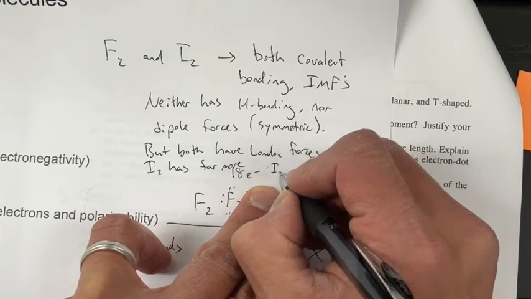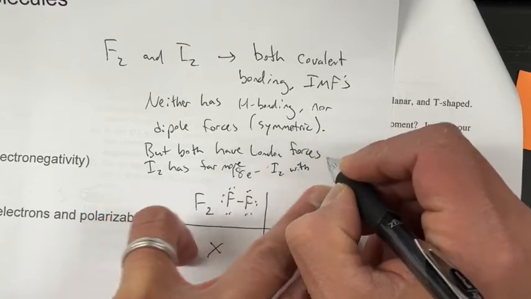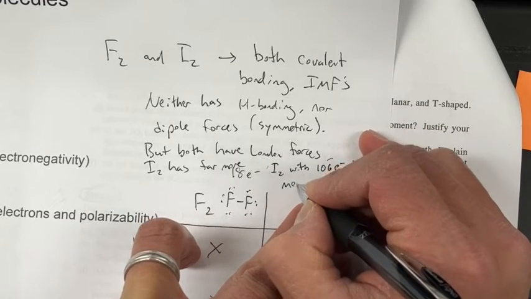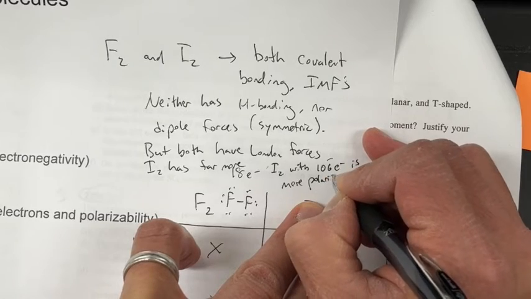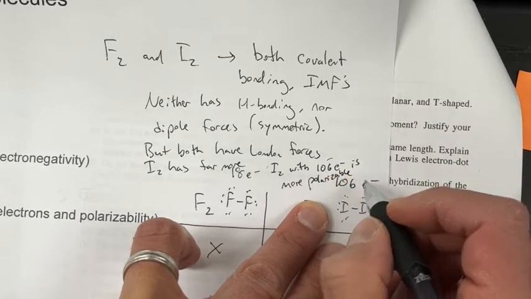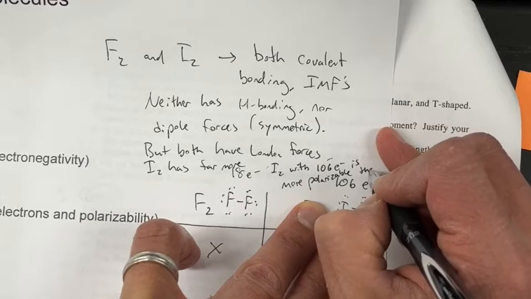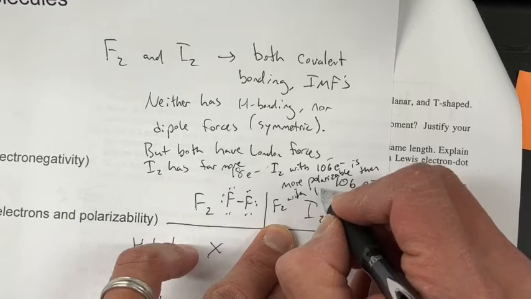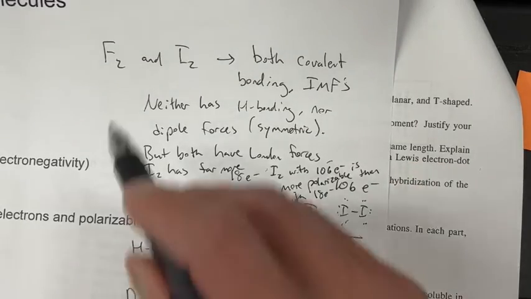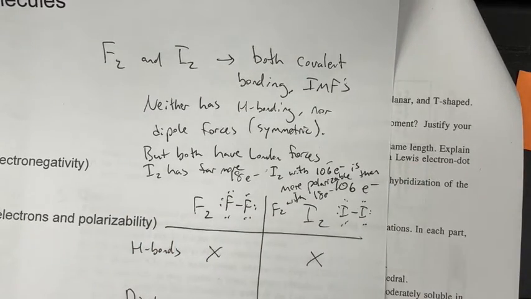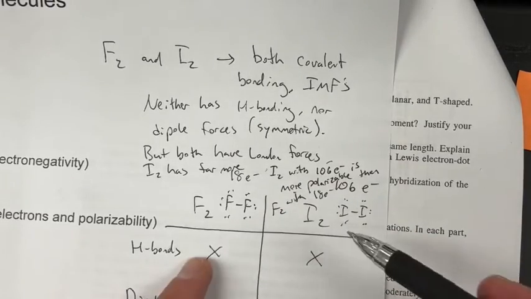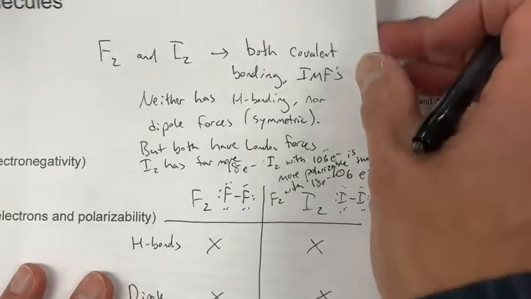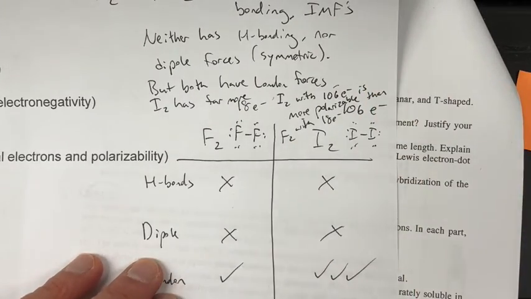So I2 with 106 electrons is more polarizable than F2 with only 18 electrons. I'm sorry I fit that all in there, but that's how you want to attack these types of intermolecular force problems. If I have two things with intermolecular forces, compare them both, and look at all three forces involved here.